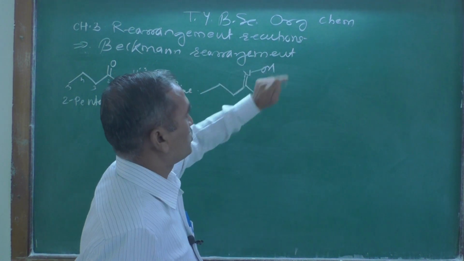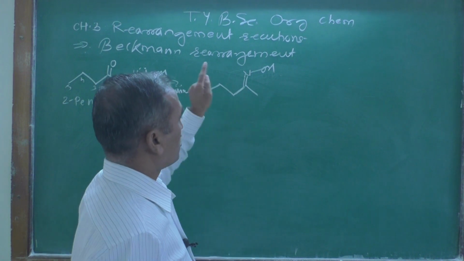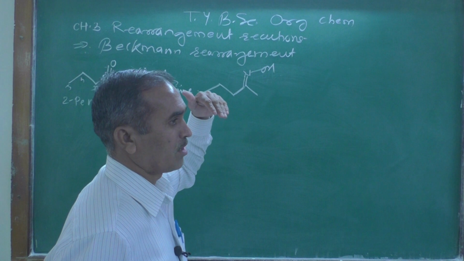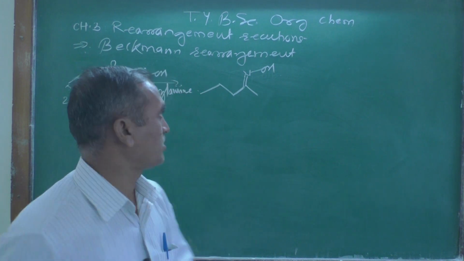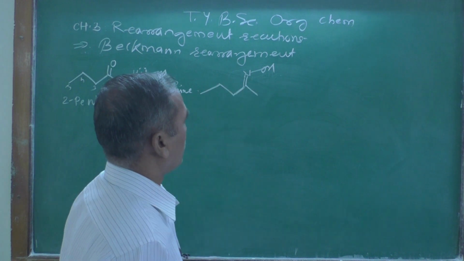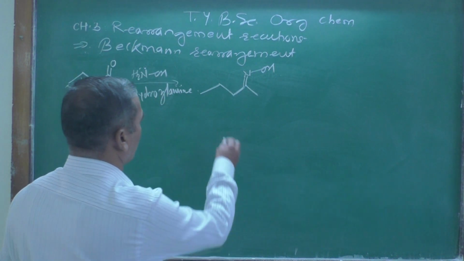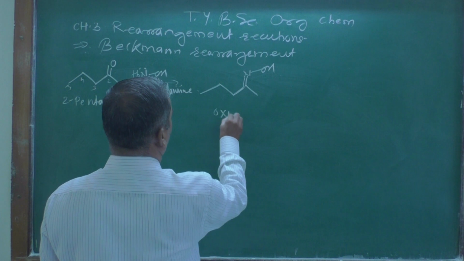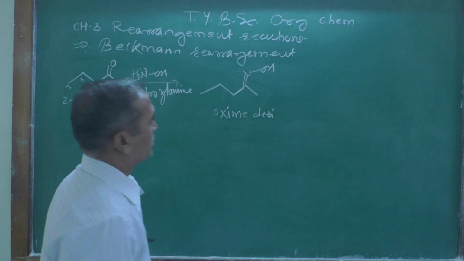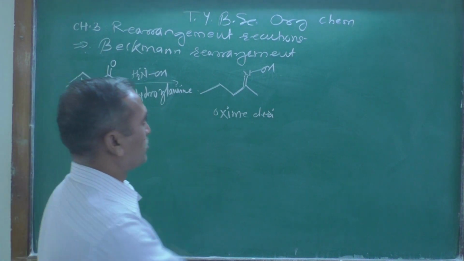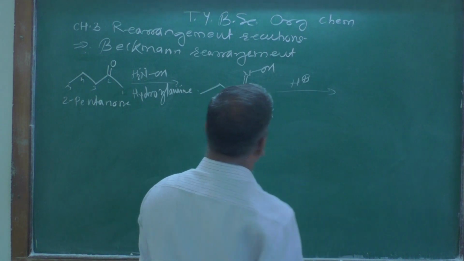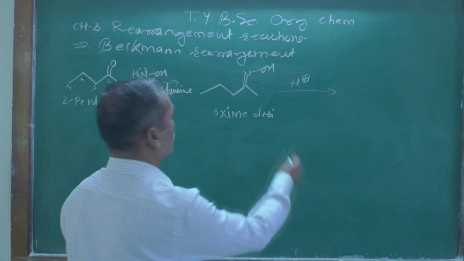And here, why am I showing a hydrogen atom? Because it is attached to something other than carbon, and that's why it is shown over there. So that clearly indicates it, and this derivative is known as an oxime derivative, right? This is the oxime derivative we got, and suppose this oxime derivative is further treated in an acidic medium as usual, what are we going to get?